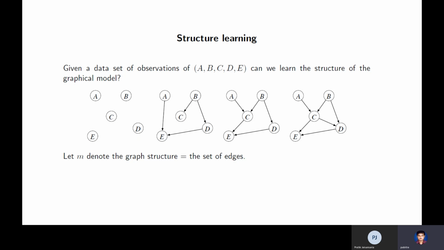You try out all possible edges between them, and each of them is a candidate graphical model. Now you solve an optimization kind of problem to choose one among them which best fits the data.